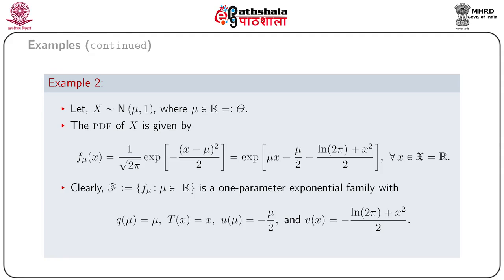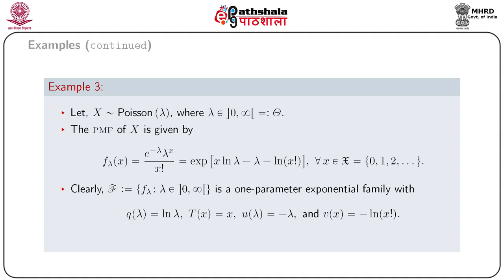If we set q(mu) equals mu, T(x) equals x, u(mu) equals minus mu square by 2 and v(x) equals minus x square by 2 minus log(2 pi) divided by 2, then we see that f(x) belongs to one parameter exponential family.